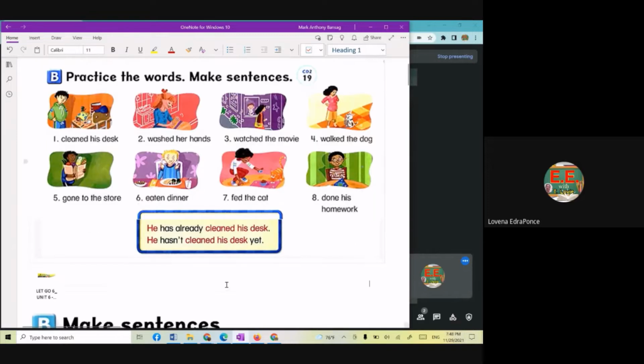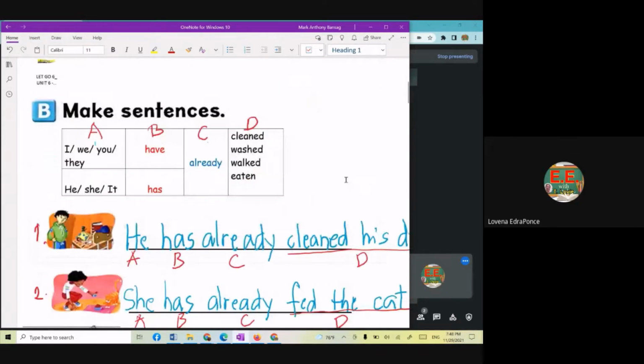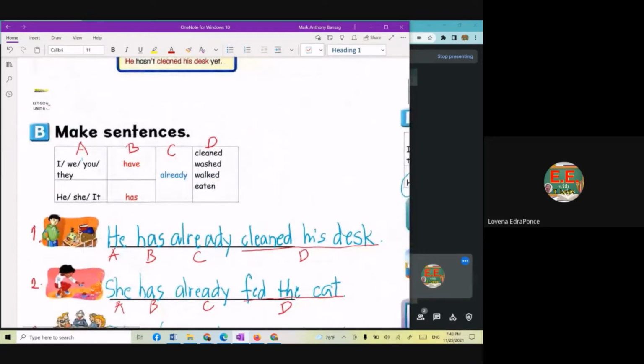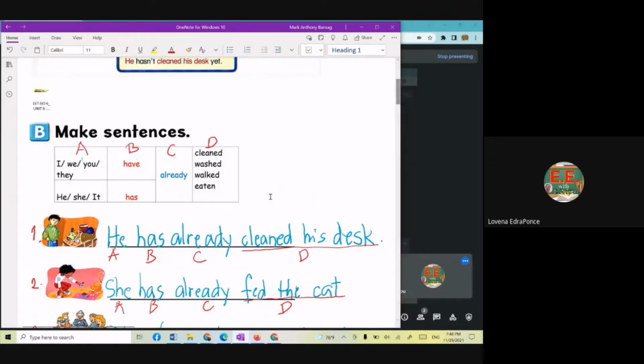Okay, so first let's make sentences. To make sentences, we have a pattern here. Let's say this is our A, B, C, and D. A is our subject pronoun, and B is our verb, already, and then our action word.